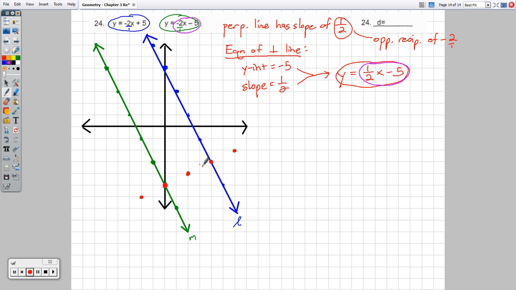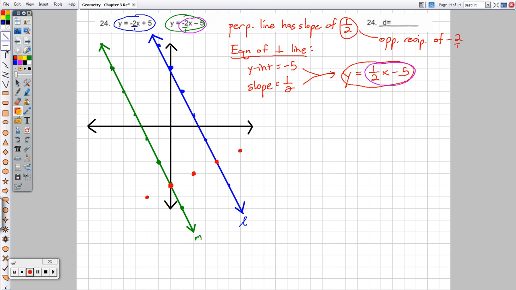So if I'm looking for where these two intersect, where the red line intersects the blue line, let me draw that in here. If I want to know that point exactly, that point precisely, and just double check, make sure that it is actually at 4, -3, like I seem to think, we can set those two things equal to each other.